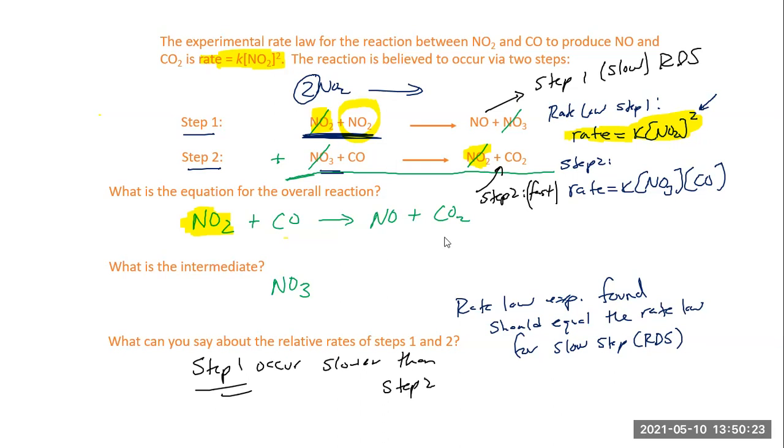So, if we drew this energy diagram, just roughly sketched it, we would have our 2 NO2s, which would be our reactants. Step 1 would be, again, that big step coming down to our intermediates being formed, badly drawn here, NO plus some NO3, not both intermediates, obviously.